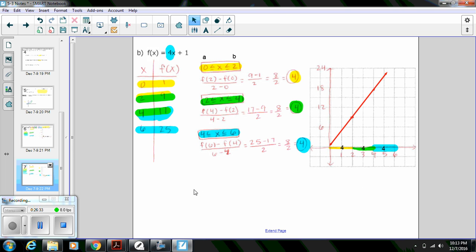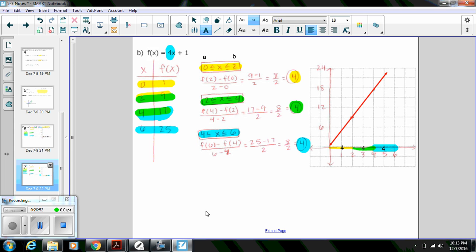All right, so that's all for this lesson. If you have questions, make sure you ask them. Use your notes on the homework. Rewrite the formula multiple times. It will help you, I promise.